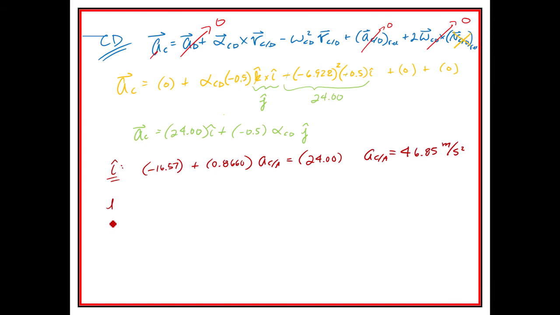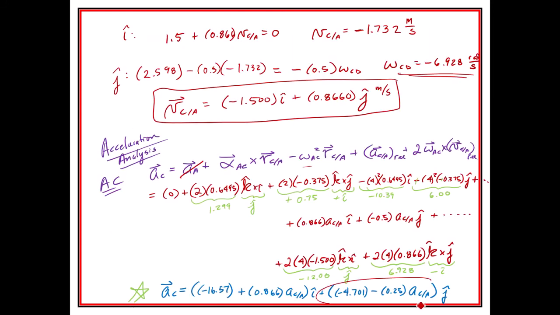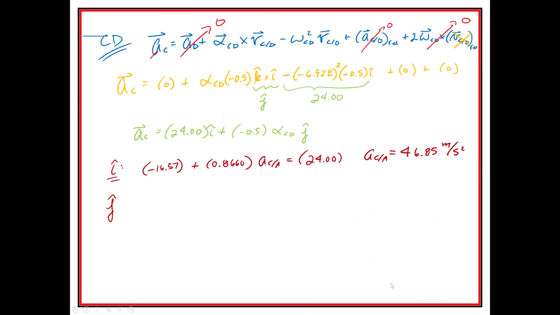And now we can go in the j direction, equating this spot right here with this guy, and the purpose of this is now we can get the angular acceleration. So we get negative 4.701 minus 0.5 times 46.85, which is what we just found, and it's positive, and it equals negative 0.5 times alpha CD.